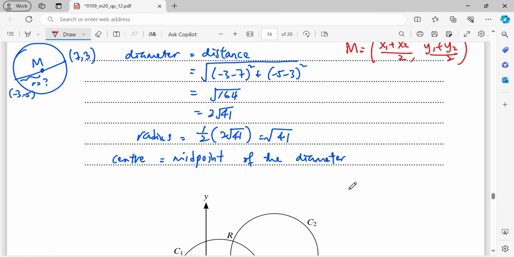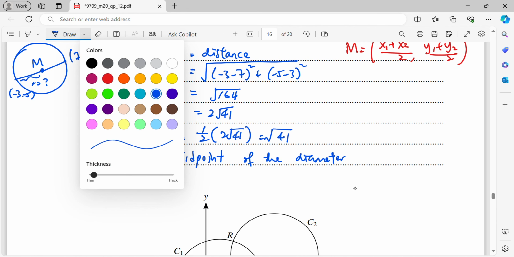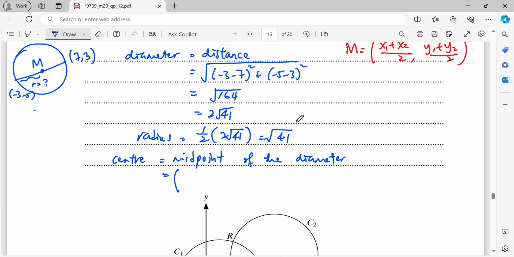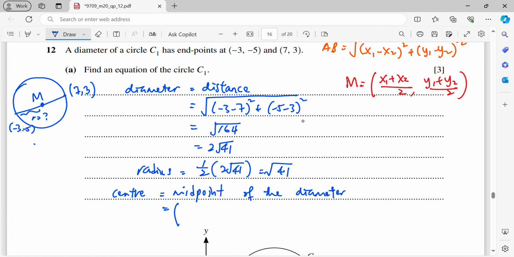Okay, so here I will get minus 3 plus 7 divided by 2, and then minus 5 plus 3 divided by 2. This is going to be 4 over 2, which is 2. Then minus 5 plus 3 is minus 2. Minus 2 over 2 is minus 1. So now I found the radius and center.